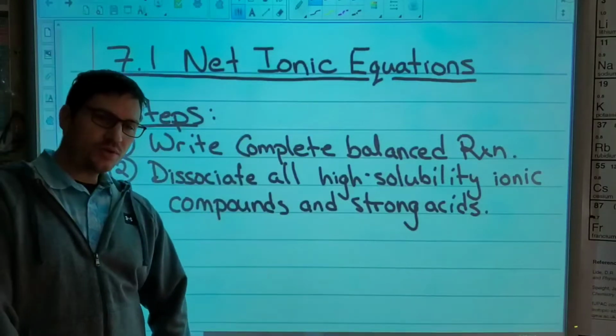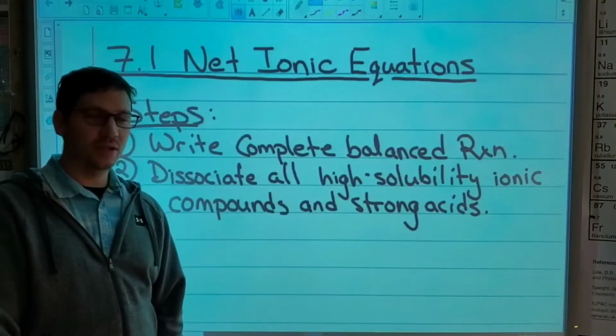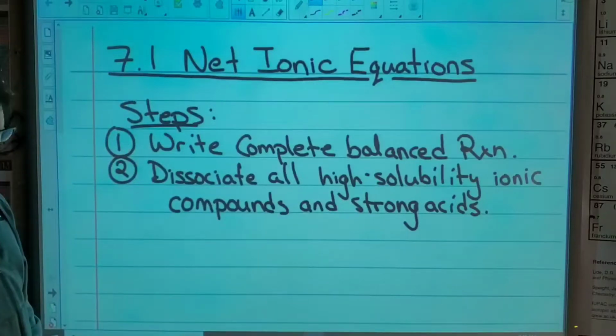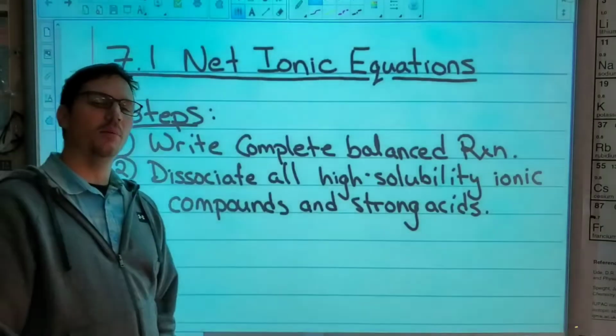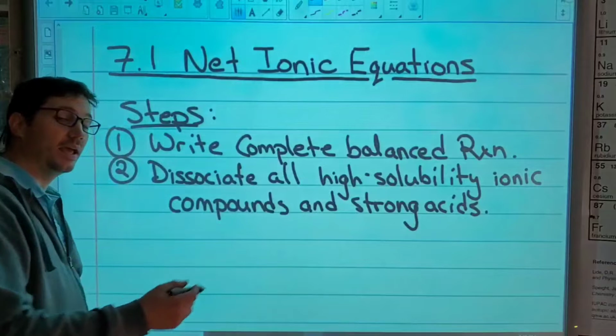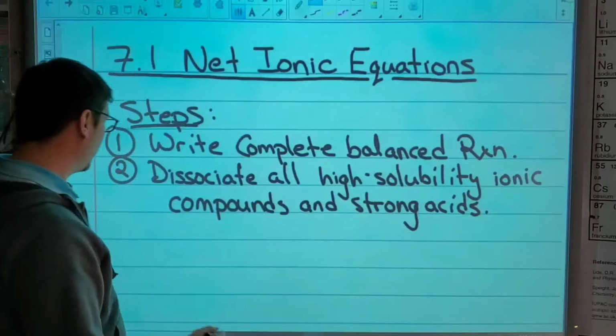So we're going to dissociate all high solubility ionic compounds and strong acids and that will make what we call a total ionic equation.